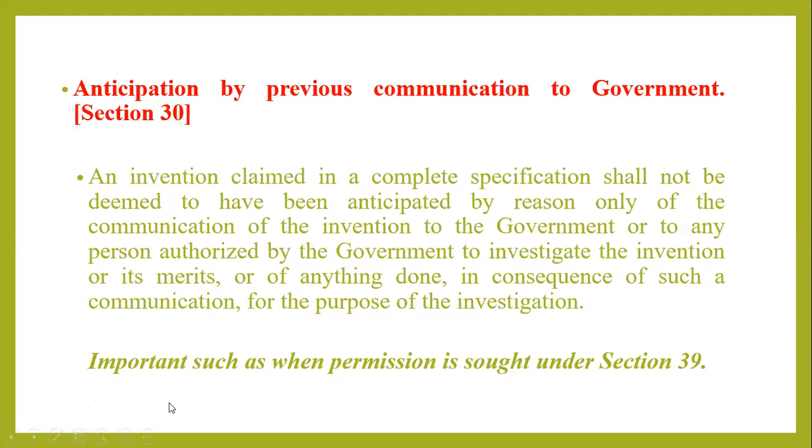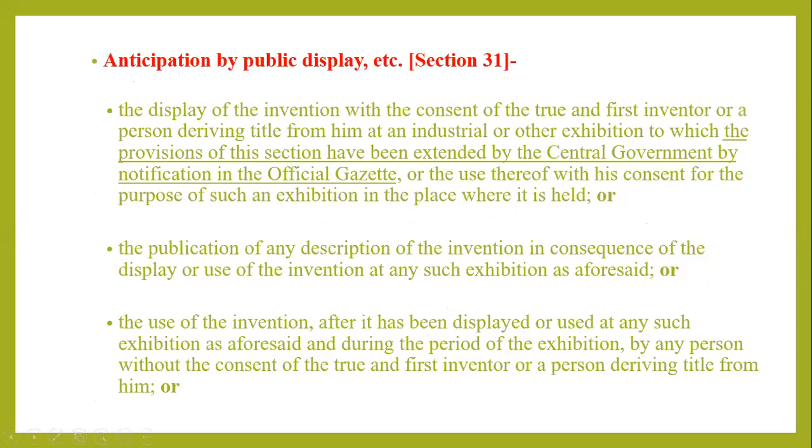Now, another important section is any display in an exhibition, an industrial or other exhibition, which has been listed in the government journal or gazette, or the publication of any description in view of that display, or the use of the invention displayed on exhibition, and then during that time somebody publishes it without your consent, and the other is before the learned society.